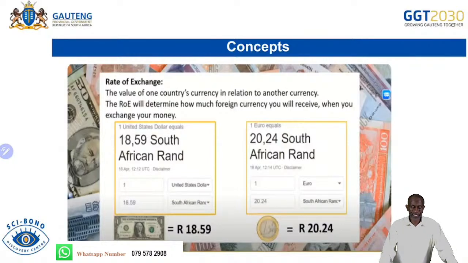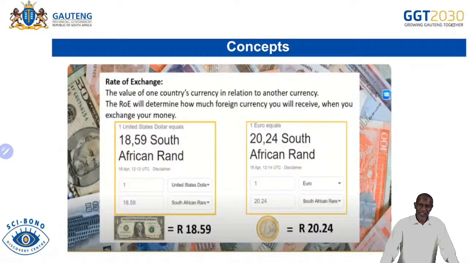Another concept is that of rate of exchange. In short, it's called the ROE. It refers to the value of one country's currency in relation to another.